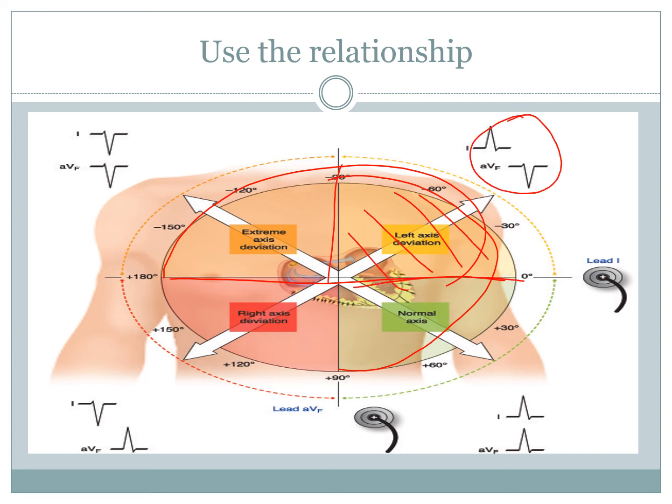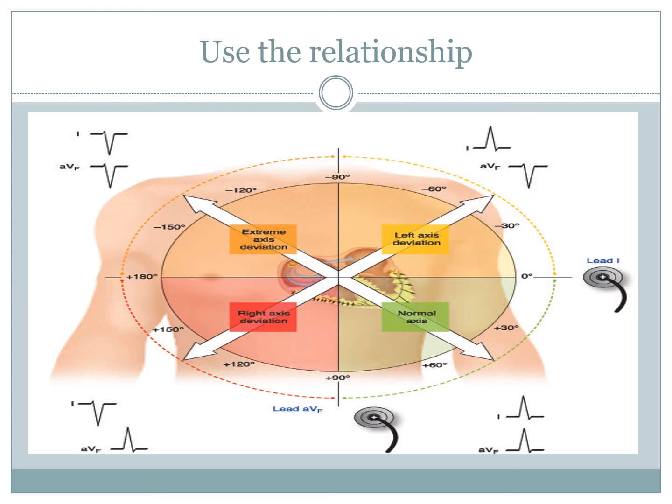Now in the event that you look at your ECG and you have a negative lead 1, that means that you are going to have a right axis deviation or extreme axis deviation. So right there alone, you know that this needs further investigation. Just by looking at lead 1, you know that there's a problem. Now, whether AVF is mostly positive inflection or mostly negative inflection will determine which it is.